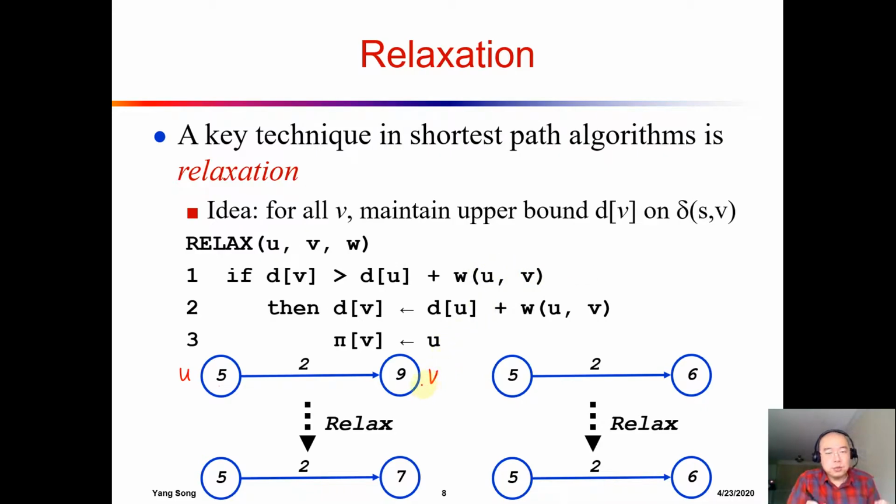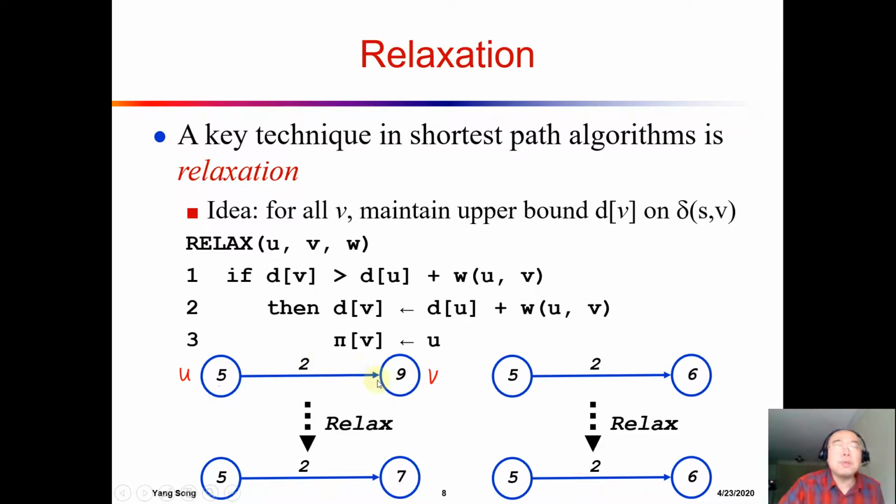This means from the source to get to V, the current known shortest path costs 9. And then we have the 2, which is the cost between U and V. So what does that mean? From the source, we can get to U at the cost of 5, and then from U to V, the cost will be 2.